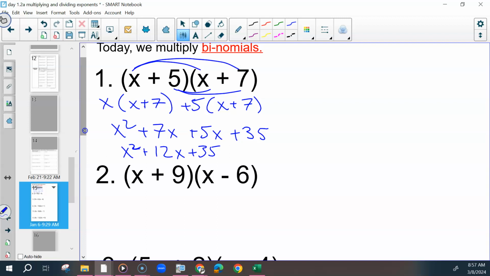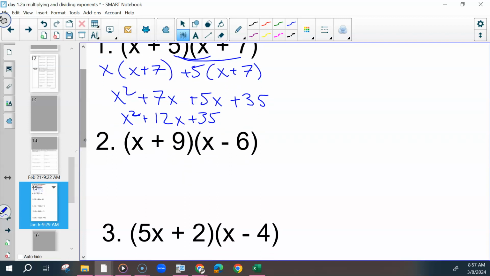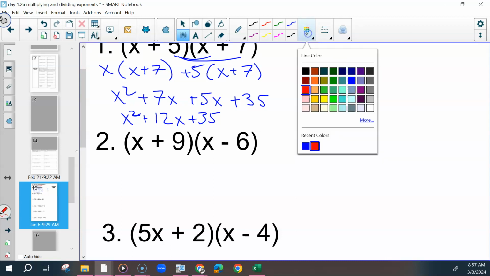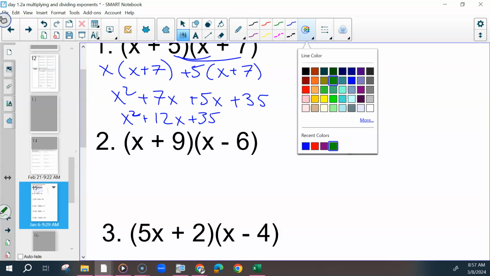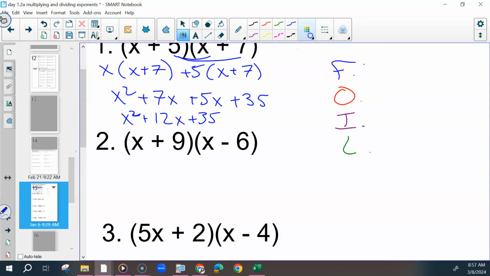Okay, so now I'm going to show you a more specified way of double distributing using the mnemonic FOIL. FOIL stands for first, so that's the first terms in both.